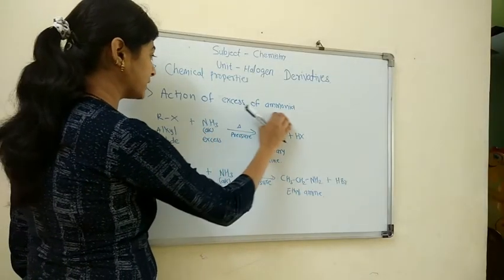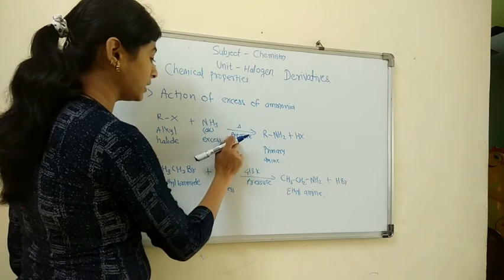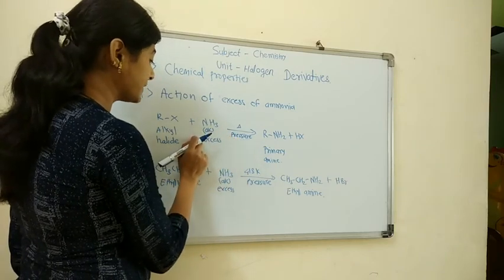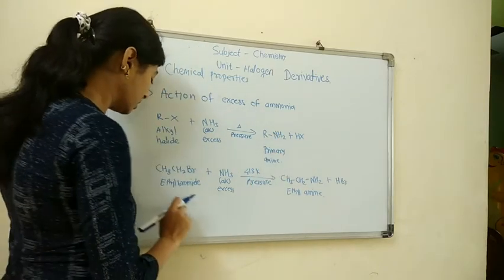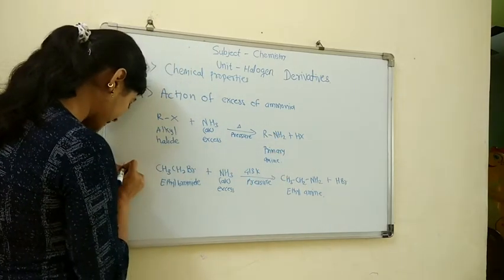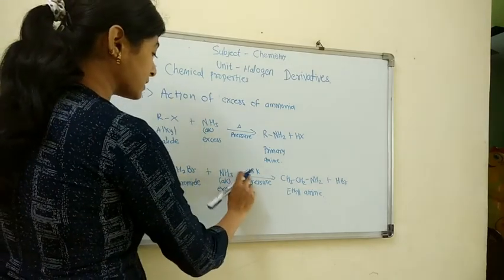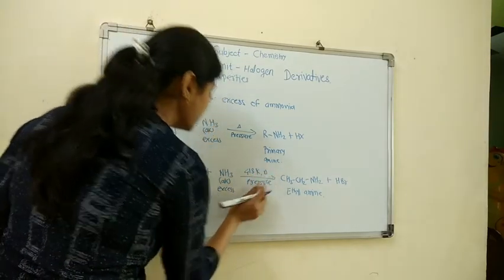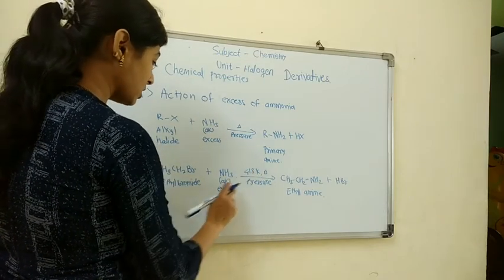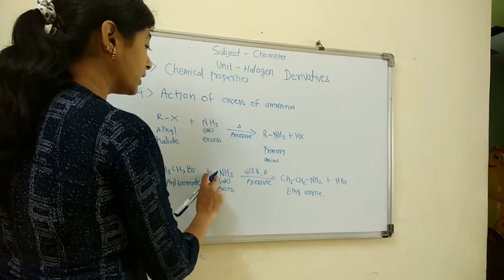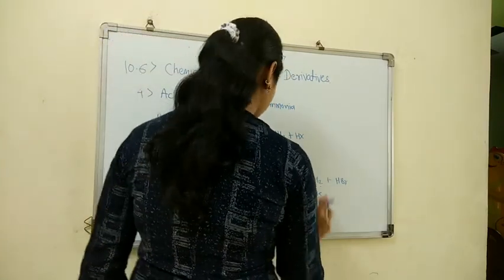Next is action of excess of ammonia. When alkyl halide is boiled under pressure with excess of alcoholic ammonia, we get a primary amine. For example, when ethyl bromide is boiled at 413 Kelvin under pressure with excess of alcoholic ammonia, we get a primary amine, that is ethyl amine.